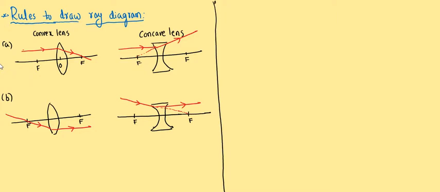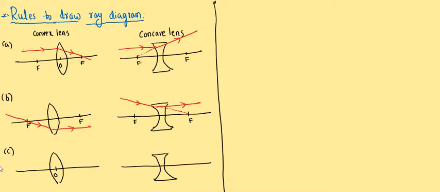Right. And the next rule, the third rule, C. This is for the convex lens, and this is the principal axis, this is the optical center, and this is the concave lens, and this is the principal axis.